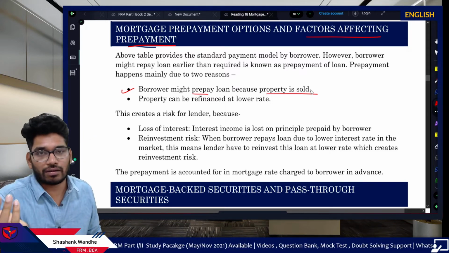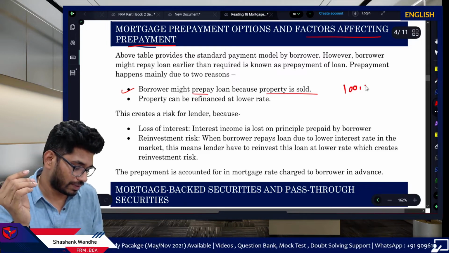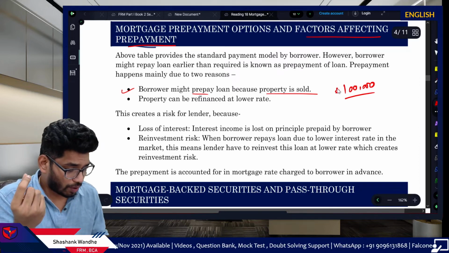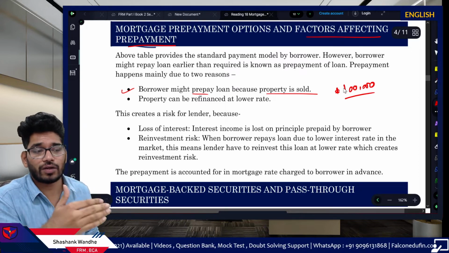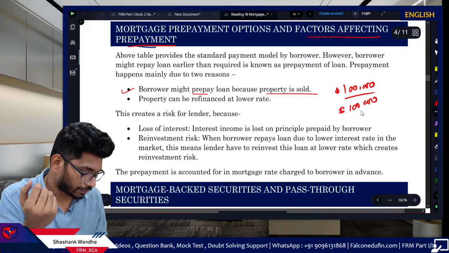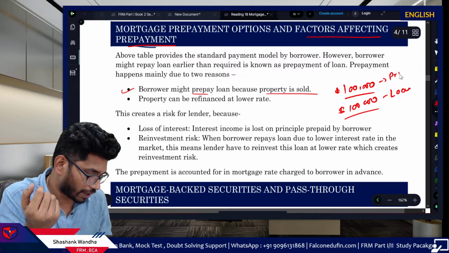In general, in other countries, say you bought a house whose current value is 1 lakh, and just imagine you took a loan of 1 lakh. This is the price or value of the house.